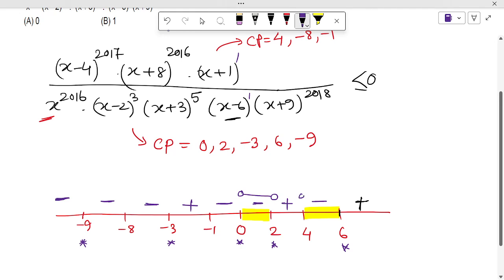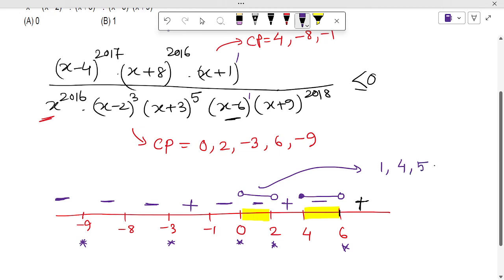But 4 will be included, and 6 will be excluded. Now we need positive integral values, so we cannot take 0 either. From the first part you get the answer 1, and from the second part you get 4 and 5.